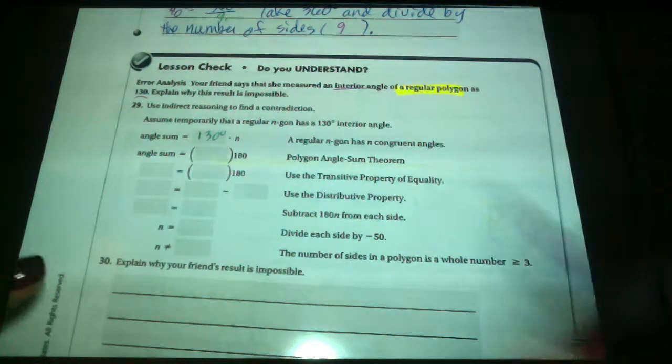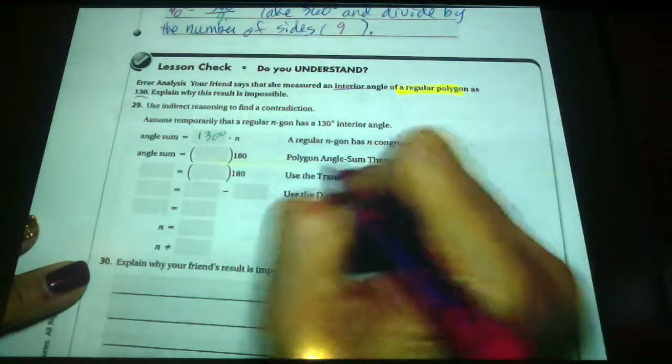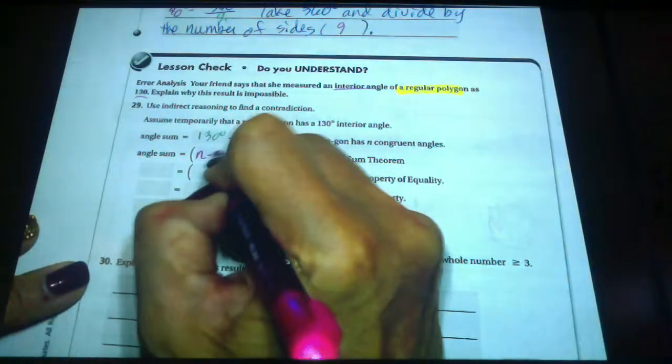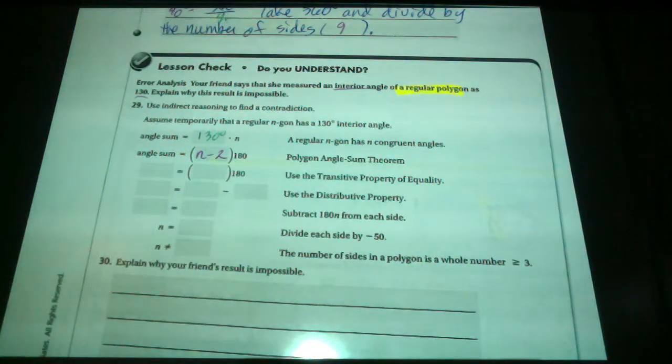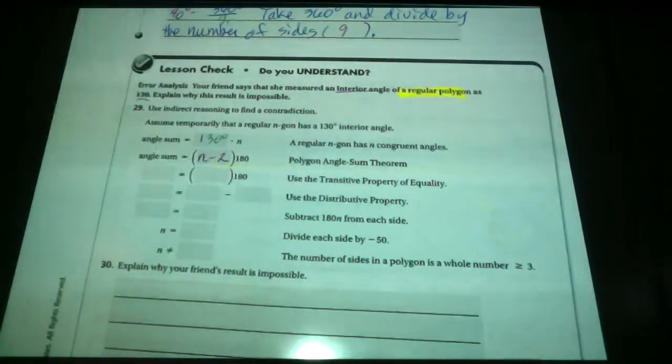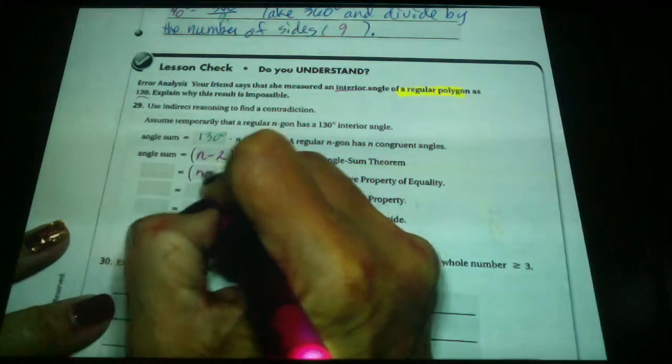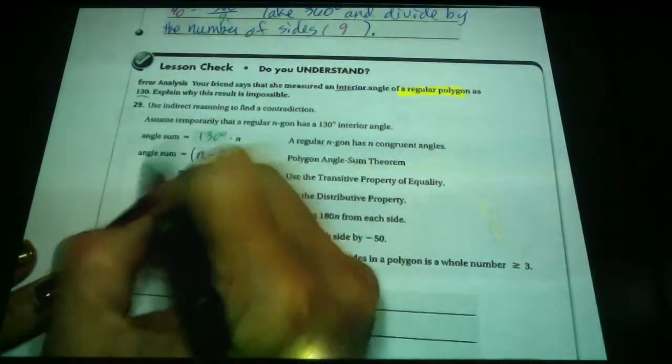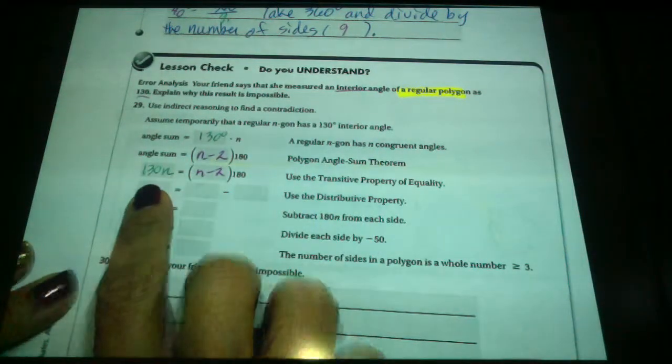So the polygon angle sum theorem says you take the number of sides, subtract 2, and multiply by 180 degrees. Theoretically, these two should be equal, shouldn't they? So n minus 2 times 180 should be exactly equal to 130 times n.